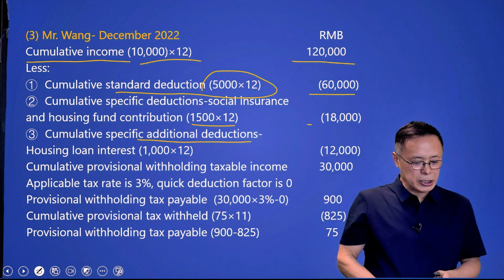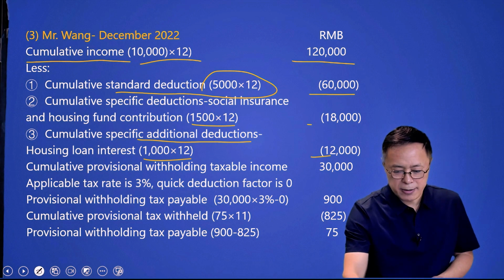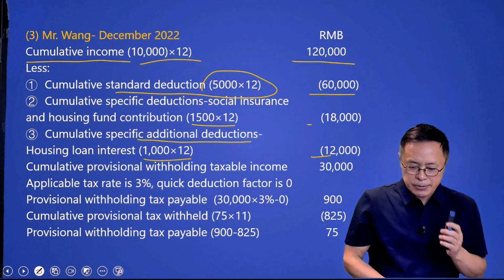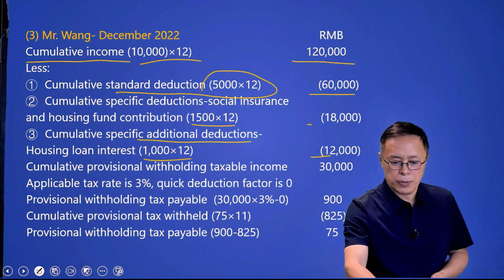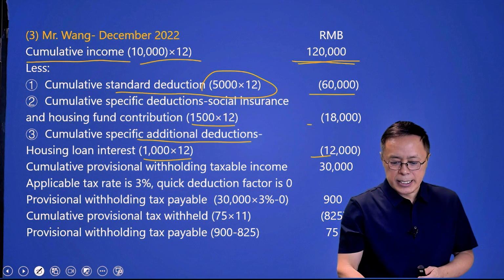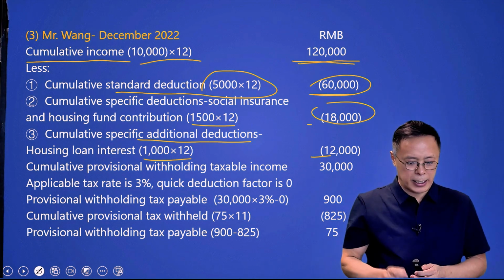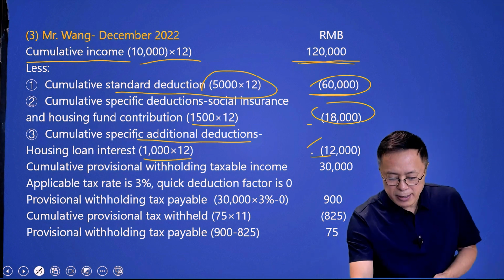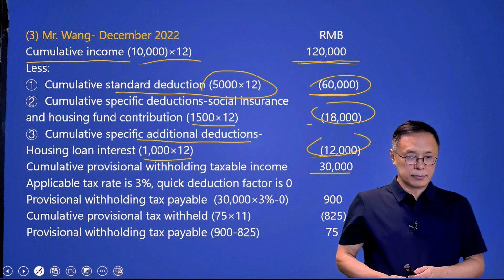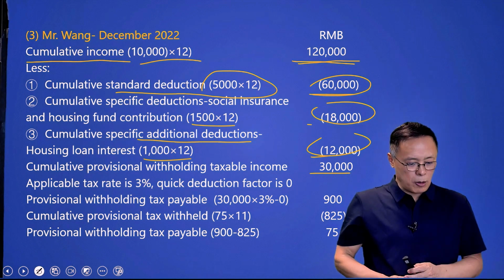Continuing, less cumulative specific additional deductions, which is housing loan interest, 12 months. So the amount is 12,000. So cumulative provisional withholding taxable income equals 120,000 minus 60,000 minus 18,000 minus 12,000.